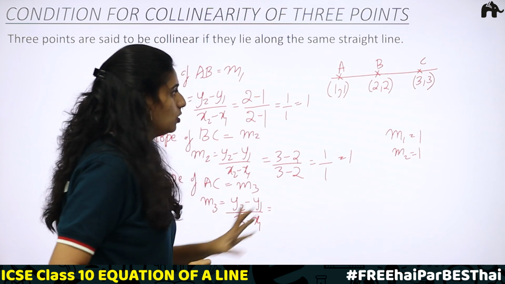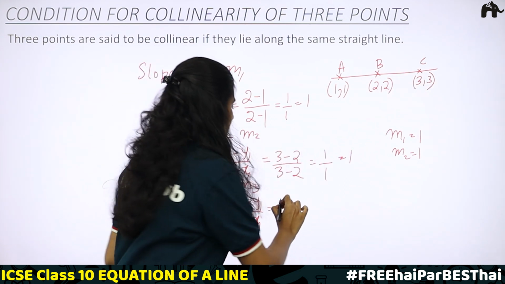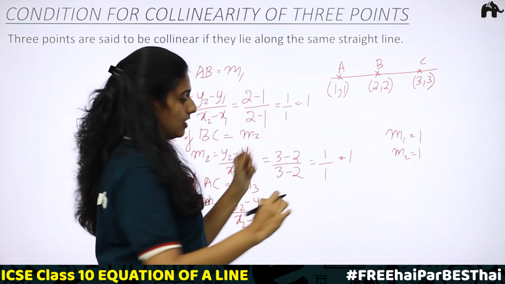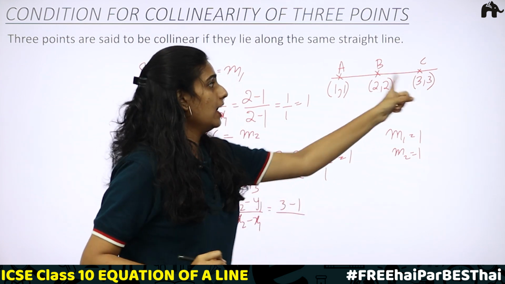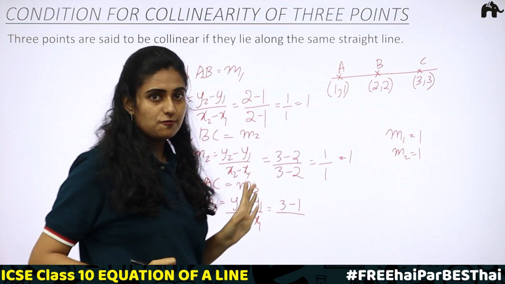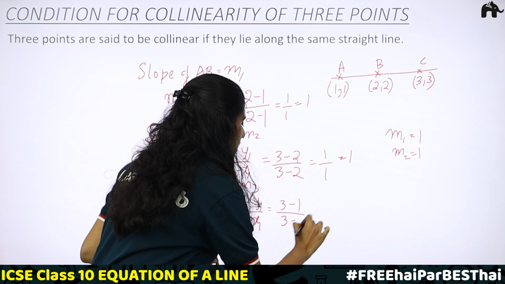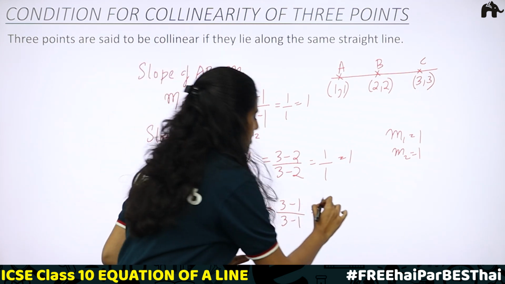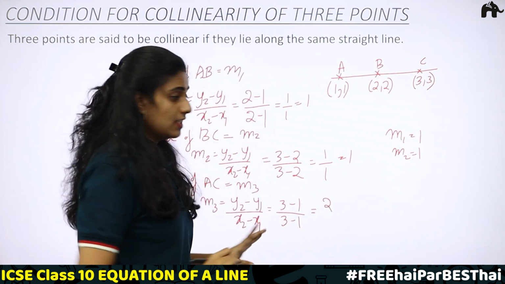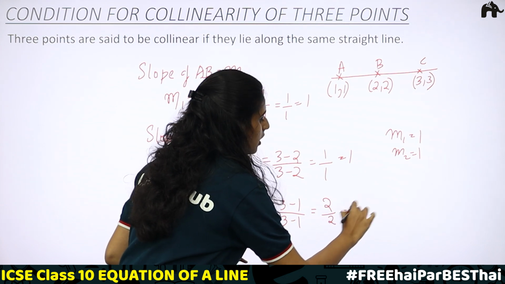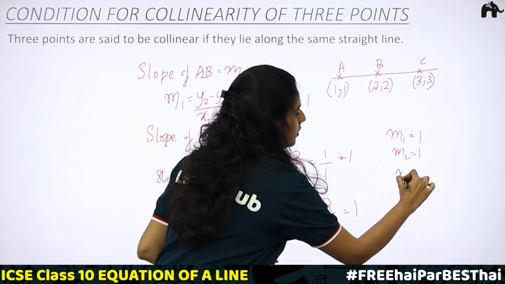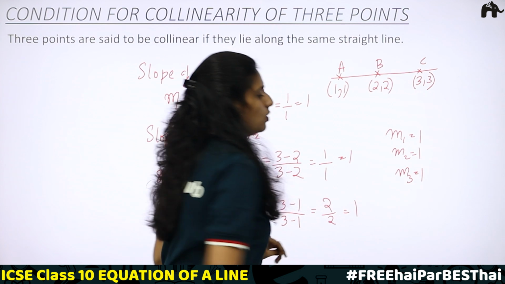Here y2 is equal to 3 and y1 is equal to 1. 3 minus 1 divided by x2 is 3 and x1 is 1. 3 minus 1 is 2, and again 3 minus 1 is also 2. 2 by 2 is 1. We got M3 is also equal to 1.